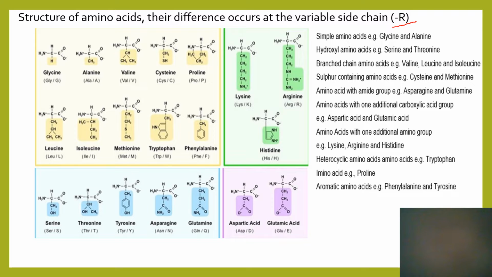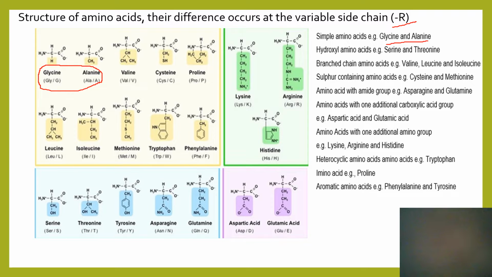For example, glycine and alanine are simple amino acids because their R chain contains hydrogen and CH3, which is a methyl group.